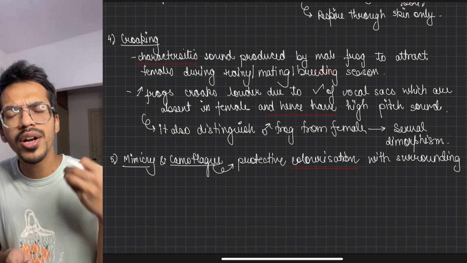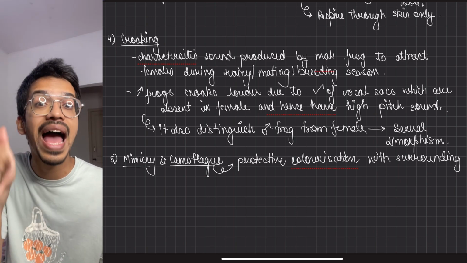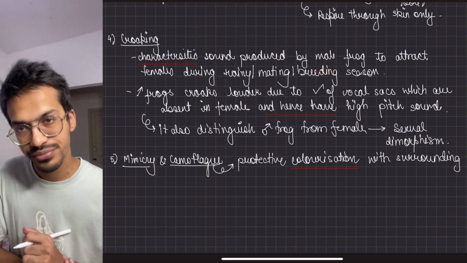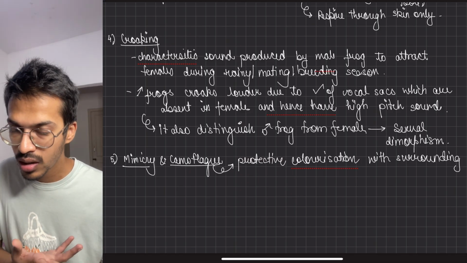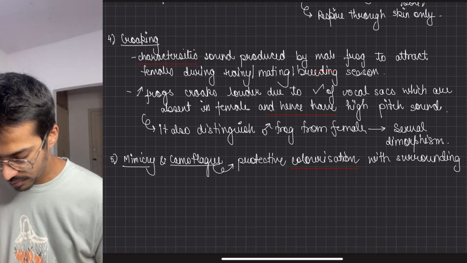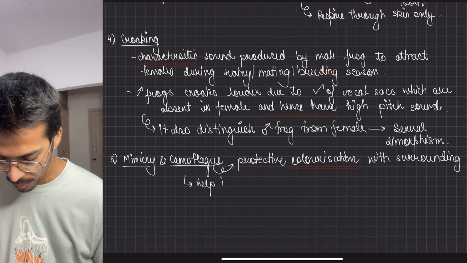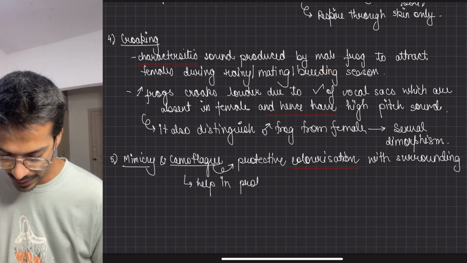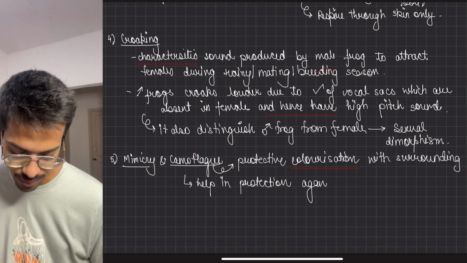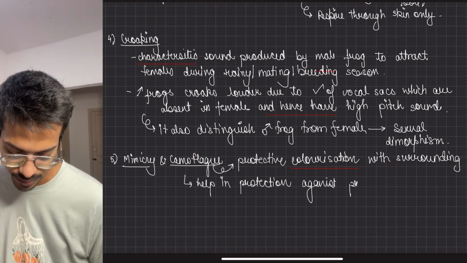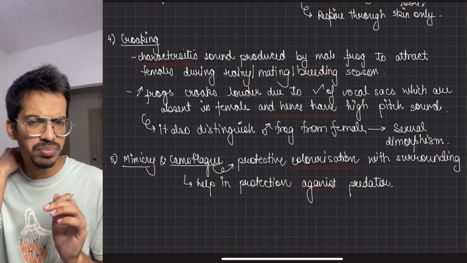Camouflage is according to the colorations which can easily blend into the surrounding. Mimicry is acting for it. Both ways help in protection against predators. Because who will eat it? Snakes can eat it, other birds can eat it.